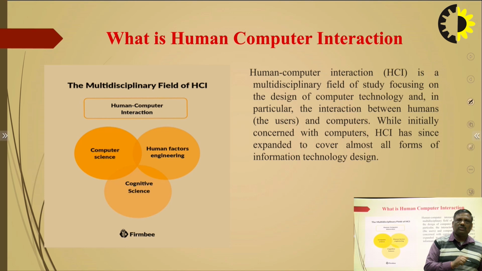You go to the metro station, a screen is there, you interact with some keywords or a point or icon and find the ticket. So you interact with the system. Human computer interaction is a medium to interact with the system. From the easiness and usability point of view, it is very important to understand the term human computer interaction.